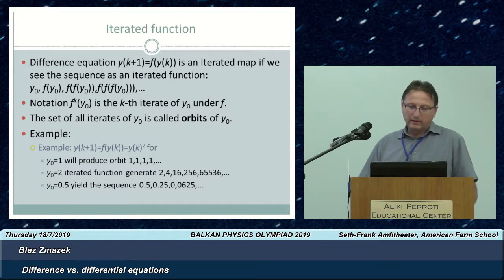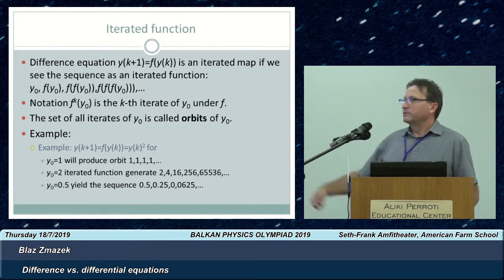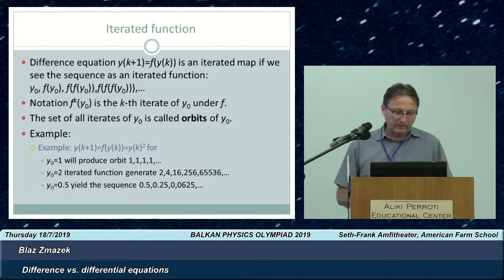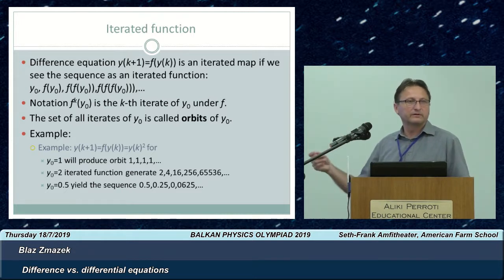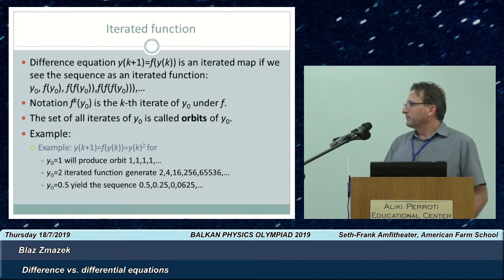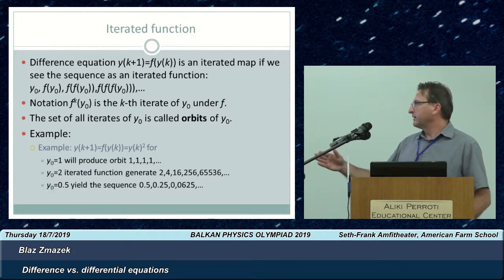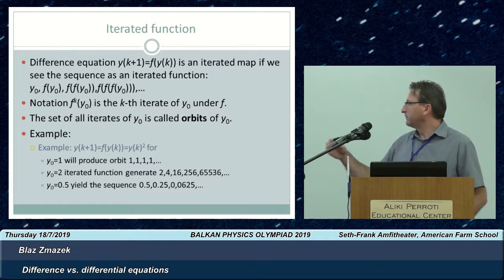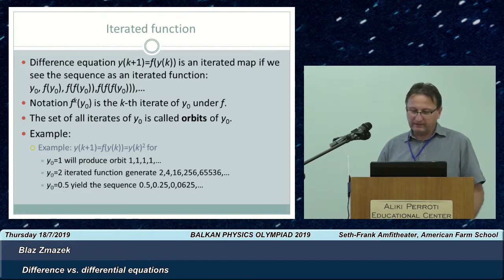So, for example, we have one recursion, one function: y of k plus 1 is the square of y of k. If we choose the initial value y0 equal to 1, this will produce only ones. So 1 squared is 1, 1 squared is 1, so it's constant. On the other hand, when we choose the initial value 2, the iterated function will generate powers of the number 2: 2, 4, 16, 256, and so on.